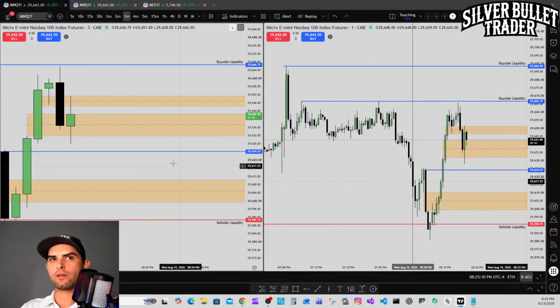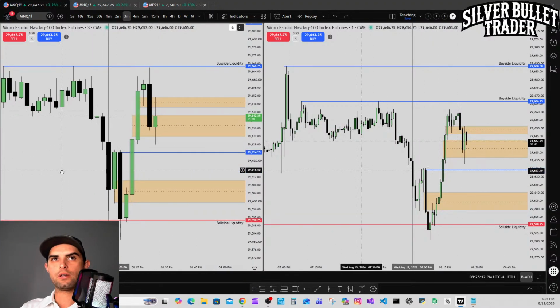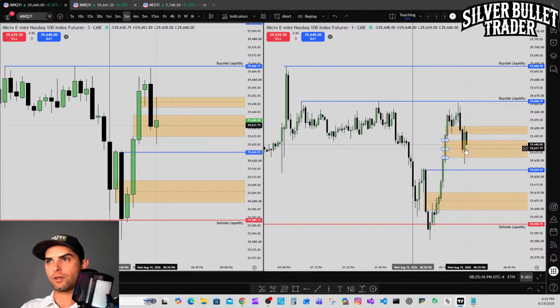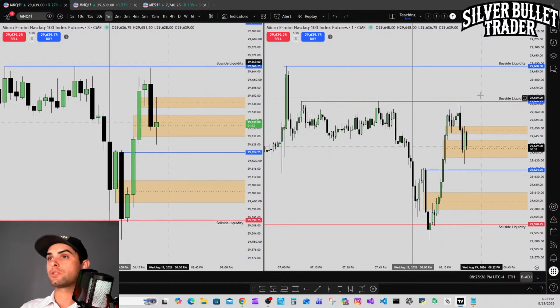This is a fair value gap. Here's the 3-minute chart, and then here's the 1-minute chart. It's a nice reaction off of the mid level of that gap. If we can stay above a candle close above this level, that is bullish to me, and I'd look for it to trade into this and then possibly that.